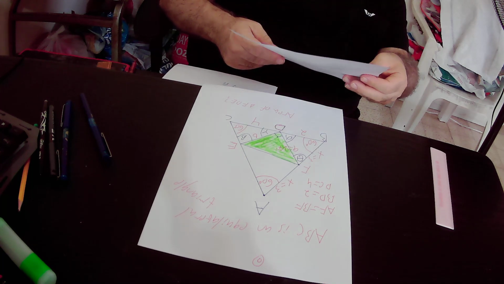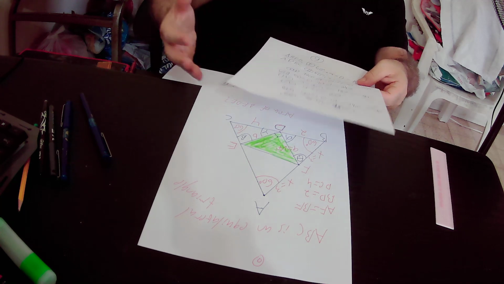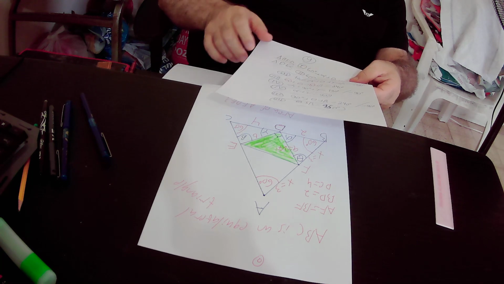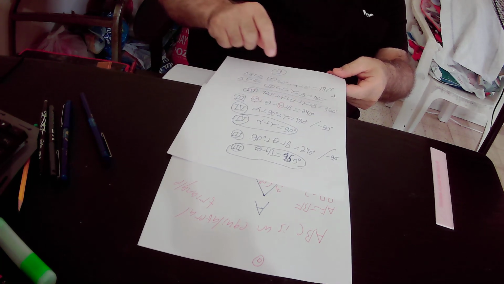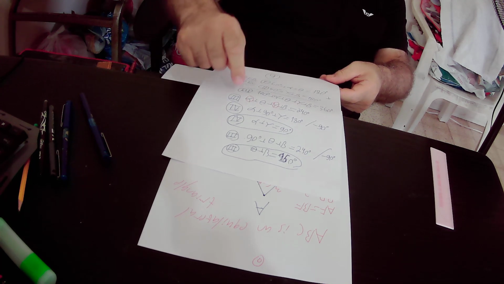The sum of the angles at the upper side of any straight line at a certain point equals 180 degrees. Okay, so that is our fourth equation.